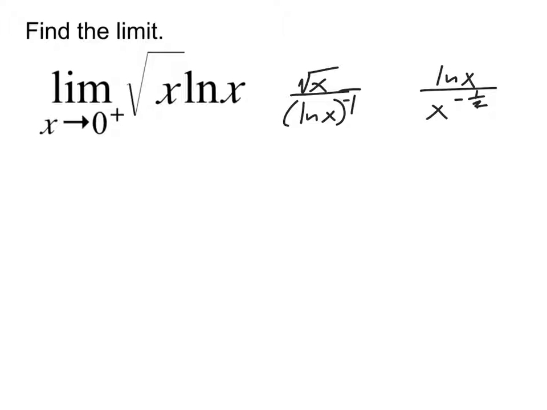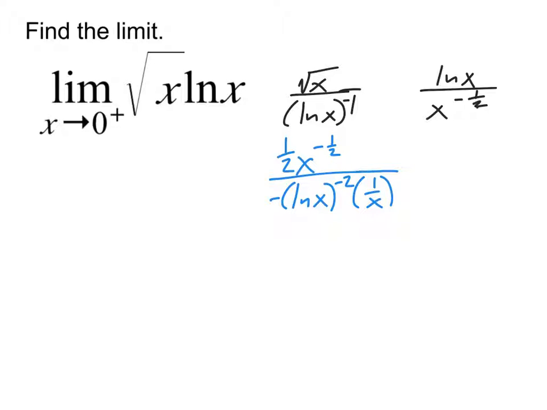The one to pay special attention to is this first one. If I take the derivative of the top there, I end up with x to the negative 1/2 times a half. That doesn't look too bad. But on the bottom, I'd end up having to use the chain rule. So it'd be negative natural log of x to the negative 2 times the derivative of the natural log, which is 1 over x.